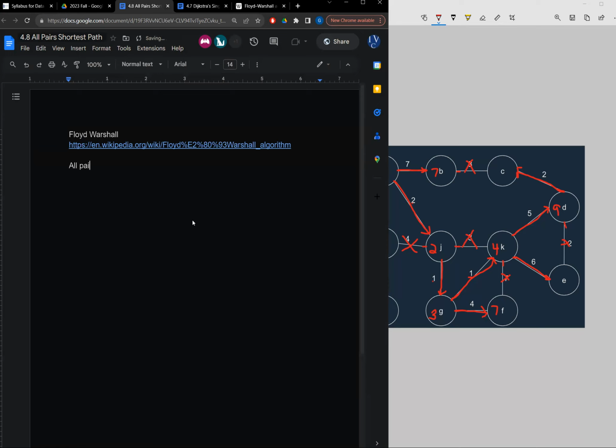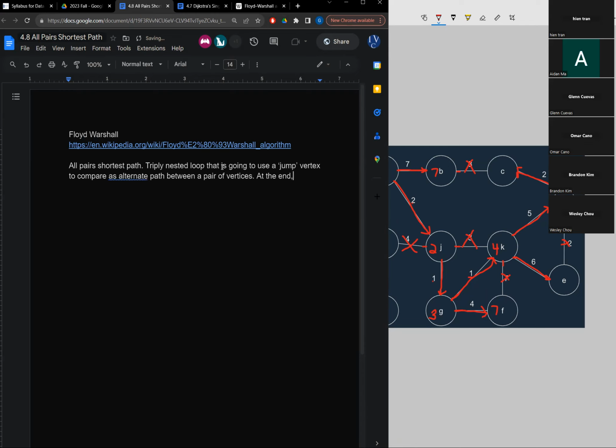All pairs shortest path. It's just going to be a triply nested loop. Oh, there's one spelled triply, fewer characters. All right, triply nested loop. That is going to use a jump vertex to compare as an alternate path between a pair of vertices.